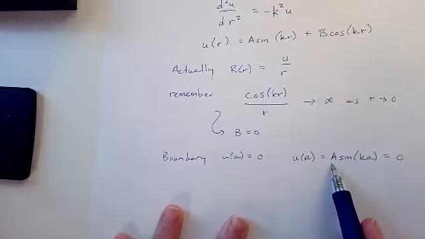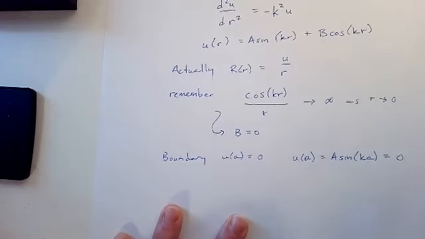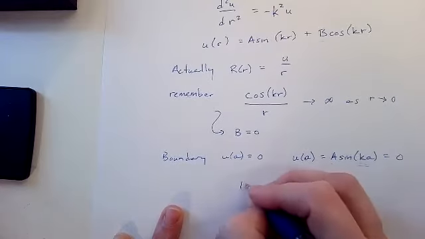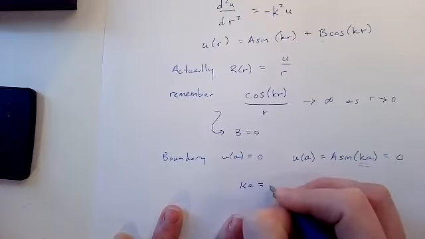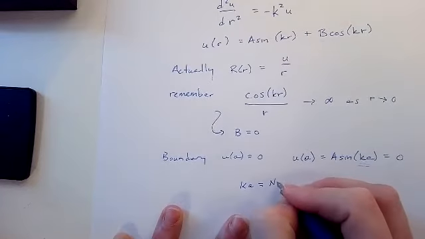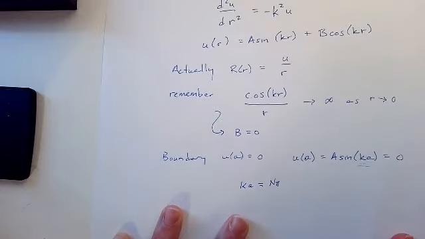So really either our capital A, our normalization constant in front there, equals 0, which would make this a boring, trivial answer, or it tells us something about this k and about allowed energies. So we're going to go with the more interesting solution that ka is going to be an integer multiple of pi, so some integer n.